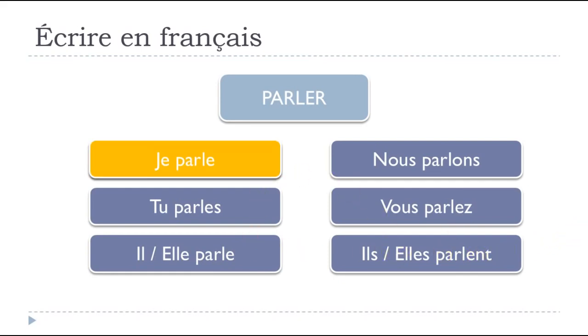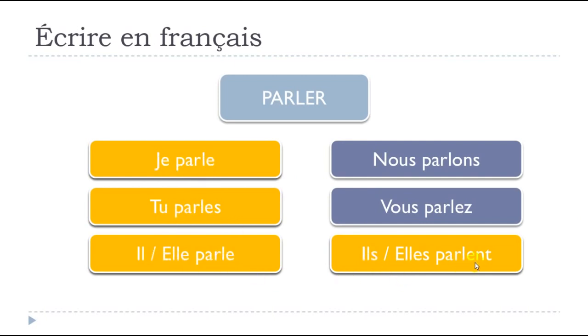It's just because if you look carefully and if you listen to me, I will pronounce it je parle, tu parles, il parle, elle parle, ils parlent, elles parlent. So it does mean that even if you write them differently, es, and then ent, you will pronounce them the same way.